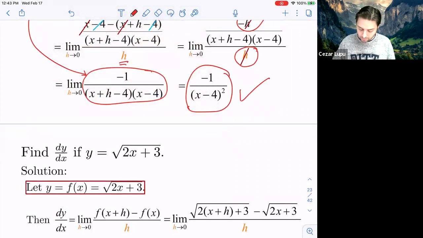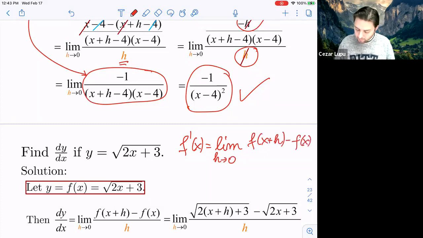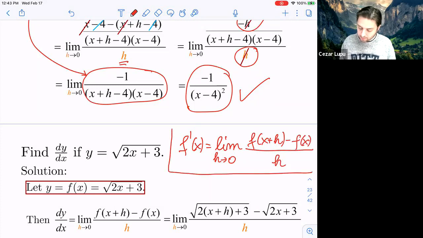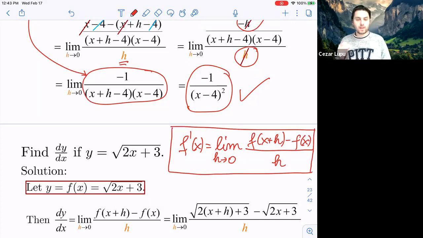So f prime of x will always be the limit as h approaches 0 of f of x plus h minus f of x, everything over h. So that's the definition. Right, so always have this in mind.